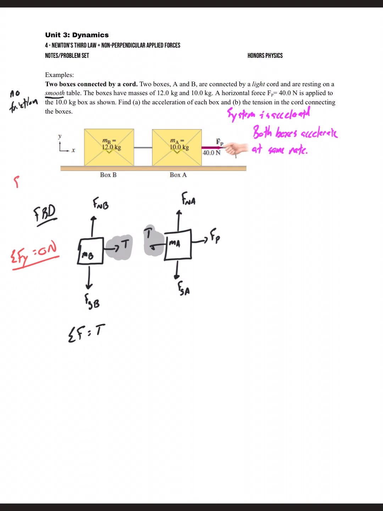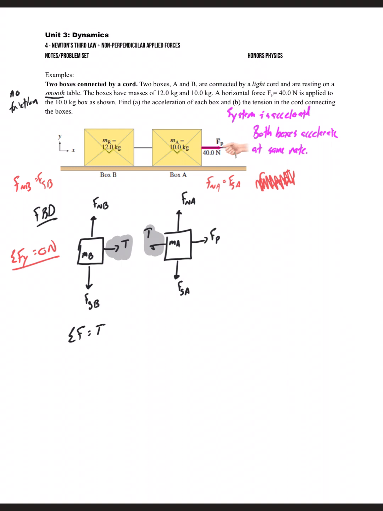We know that the normal force of B is equal to FGB, and the normal force of A is equal to FGA. One of the reasons we're not going to worry about this too much is, once again, friction force is mu times the normal force, but the problem stated we are not dealing with friction, so we're really not going to bother with it at this point.